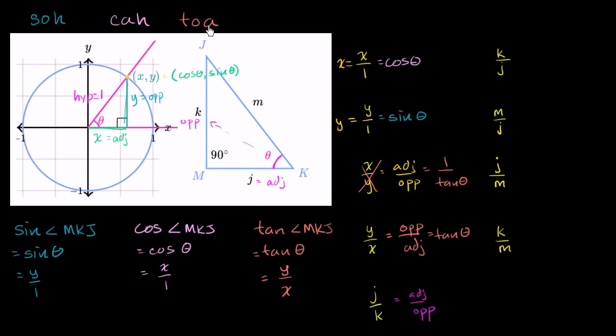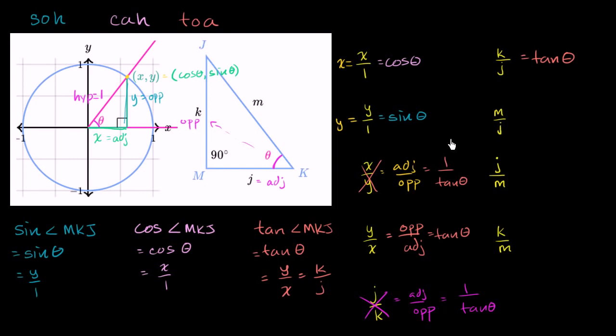Tangent is opposite over adjacent, not adjacent over opposite. So once again, this is a reciprocal of the tangent function, not one of the choices right over here, so we can rule that one out. Now k over j. Well, now this is opposite over adjacent. That is equal to tangent of theta, or tangent of angle MKJ. So this is equal to k over j.